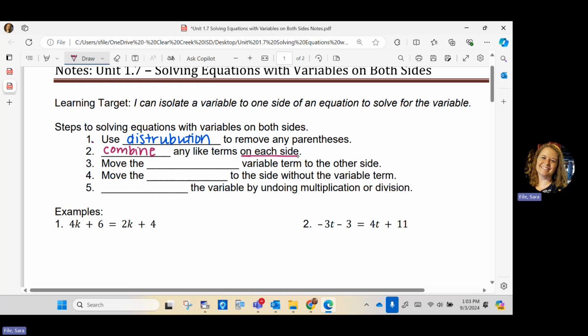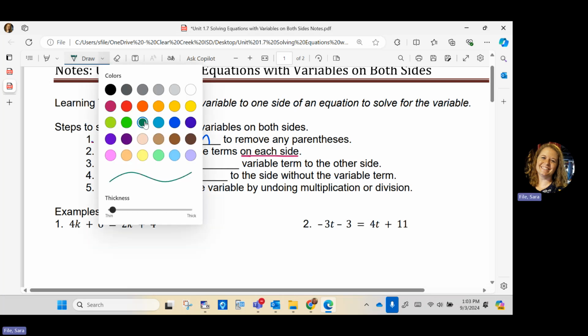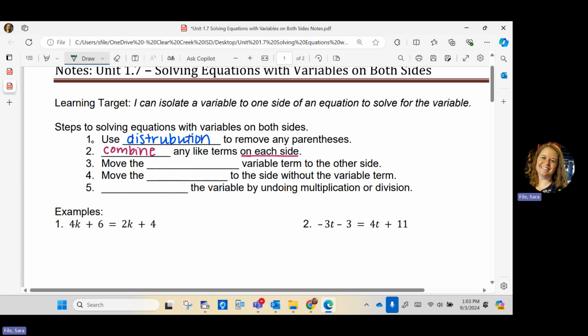Once you combine like terms, then you're ready to start moving terms. The first thing you move is the variable, and we move the smallest variable. You can move either, but it's usually easiest in your solving process to move the smallest variable to the other side. And then we're going to combine those on whichever side that is.